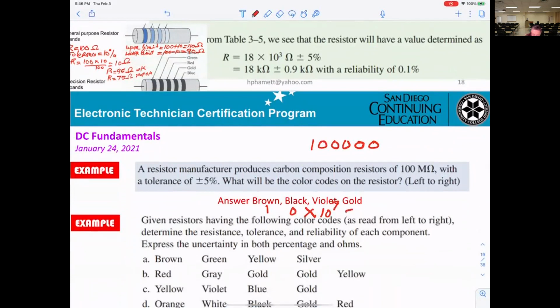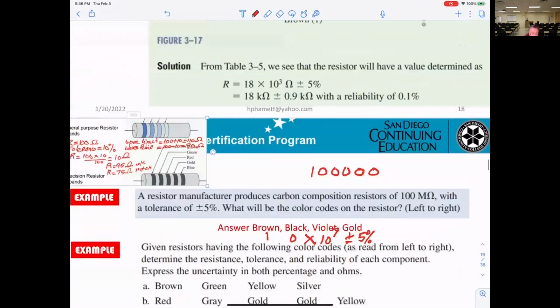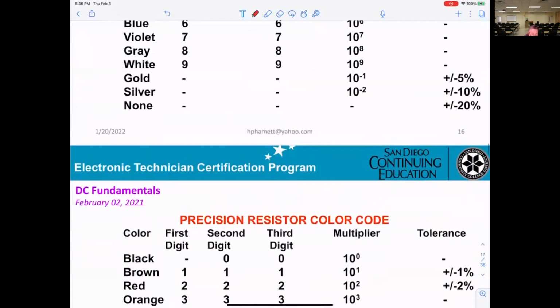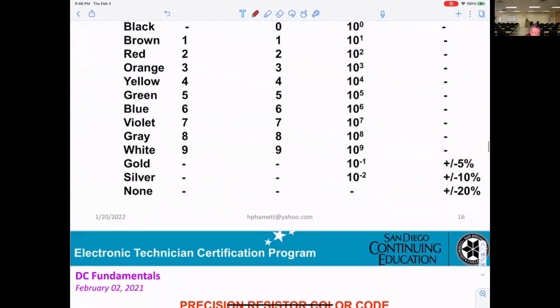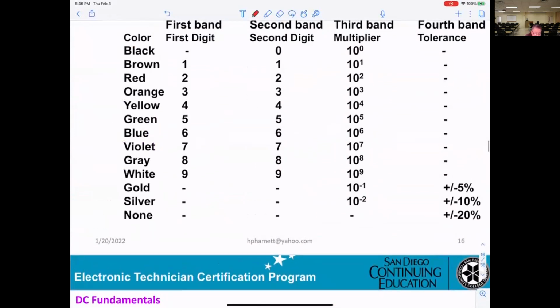Okay, and plus minus 5% is gold. So that's why you can get brown is 1. Make sure we get brown is 1. That's correct. Brown is 1.